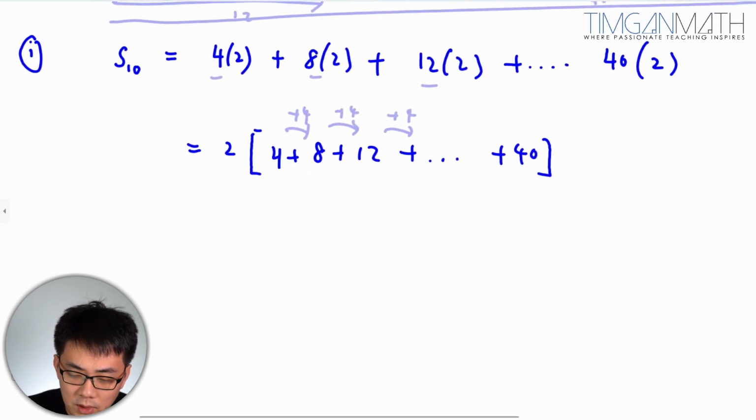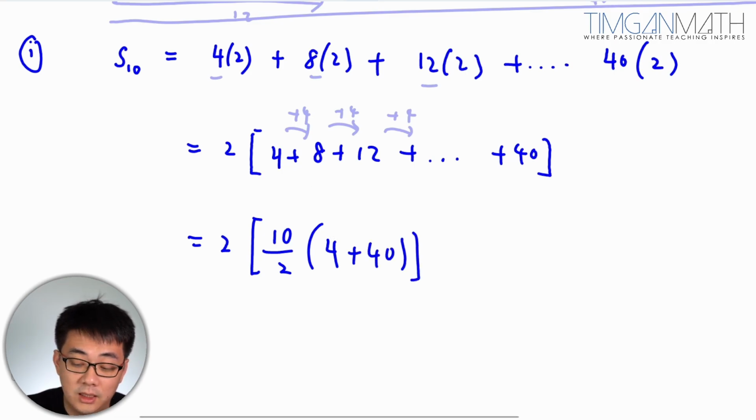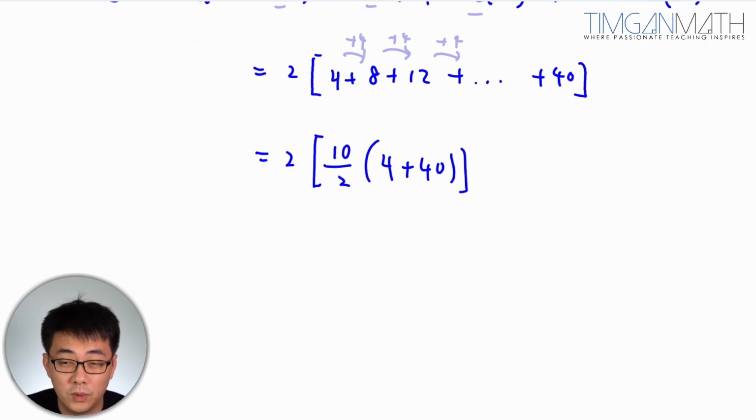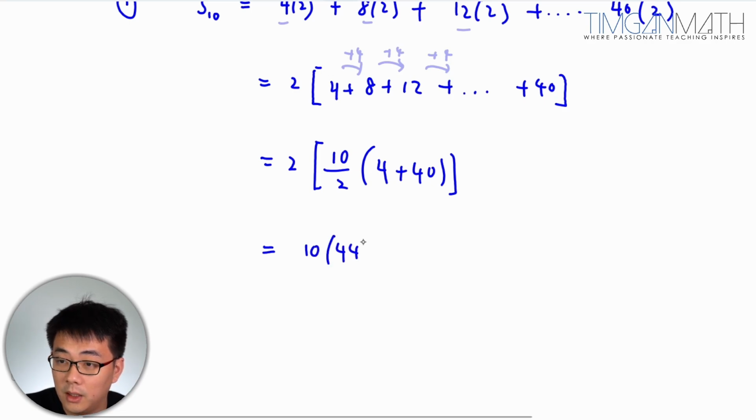We could just use the number of terms, which is 10 terms, divided by 2, times the first term, which is 4, plus the last term, which is 40. I think this is faster, but if not, you could use n over 2 times 2a plus n minus 1 d. It works as well, but I'm going to just use this. This is 44, and hence this will just be 440 meters.